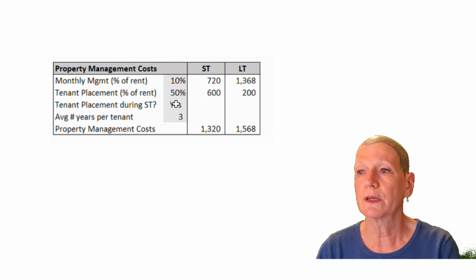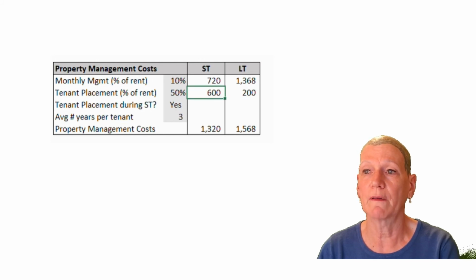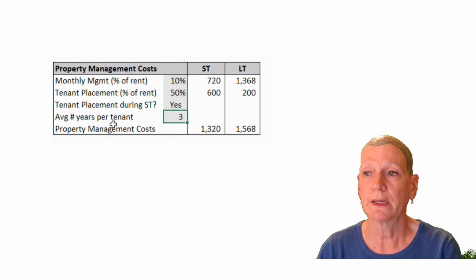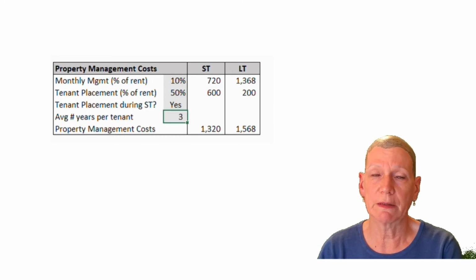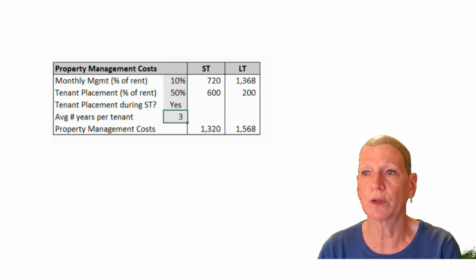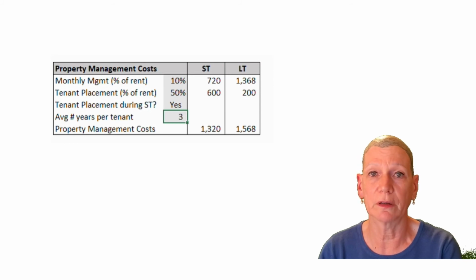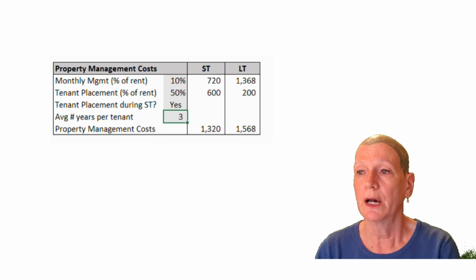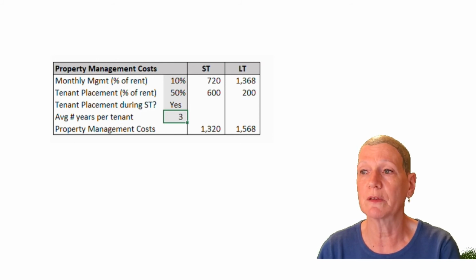The other thing that you want to do is come up with some estimate of your anticipated average number of years per tenant. Because you don't want to build in an assumption that you're going to be paying for a new tenant placement every year. If that's the case, then you need to get a different property manager. So in this example, we're just saying 3 years. So our tenant placement fee would on average be encountered every 3 years.